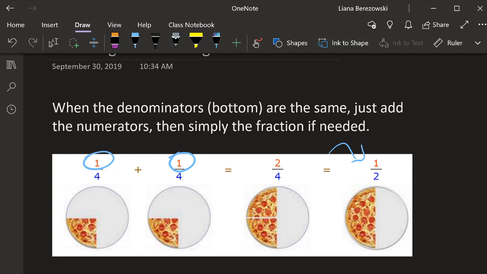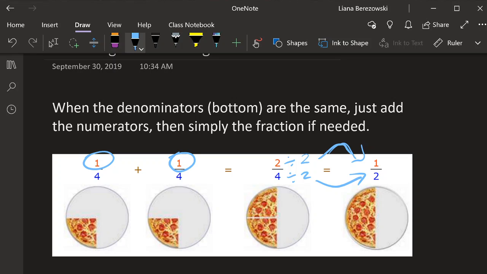To go from 2/4 to 1/2, all we need to do is divide both our numerator and our denominator by 2. 2 divided by 2 is just going to be 1. 4 divided by 2 is 2. So we get that 2/4 is the same as 1/2.